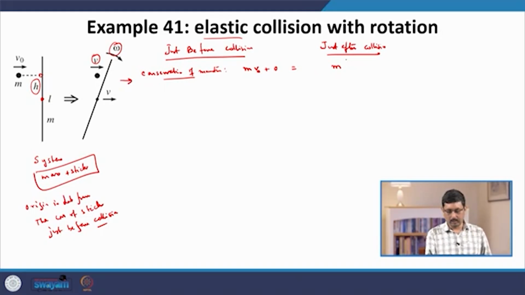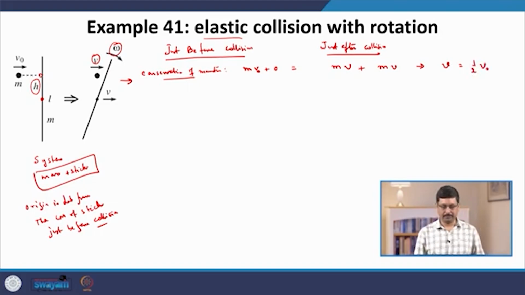So mv is the momentum of the mass, and the stick's center of mass is moving with a velocity v. Equating them, this gives us the velocity, which is half v naught.